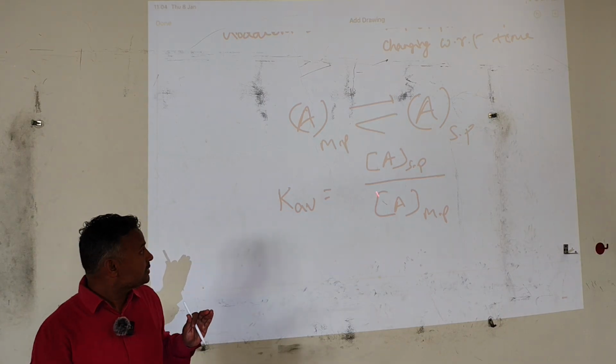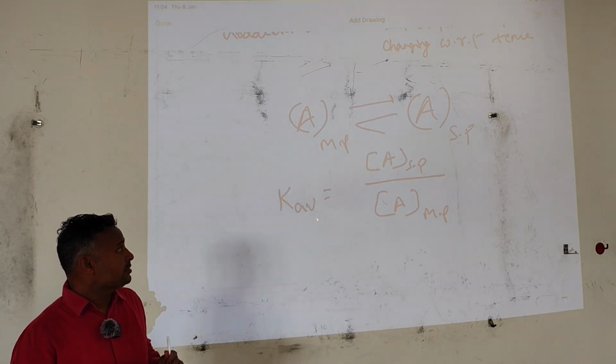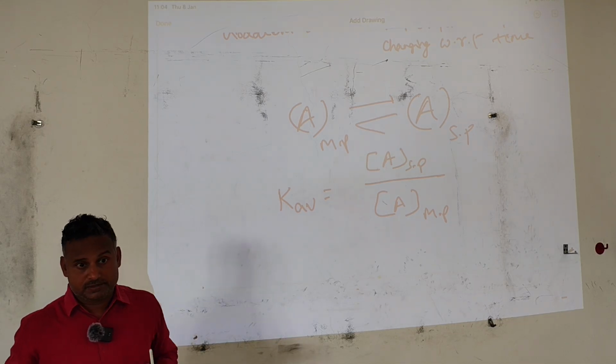Have you seen this expression? KAV, the distribution constant, is equal to the concentration of A in the stationary phase divided by the concentration of A in the mobile phase.